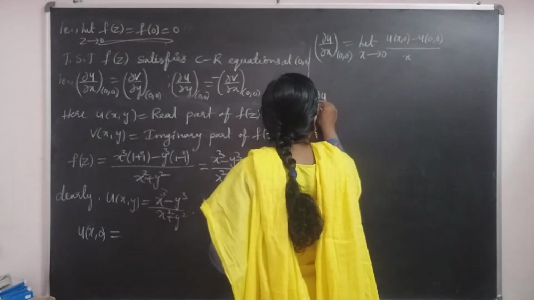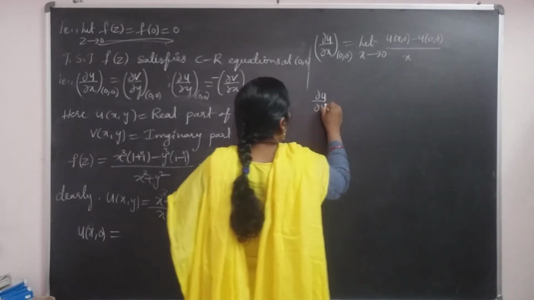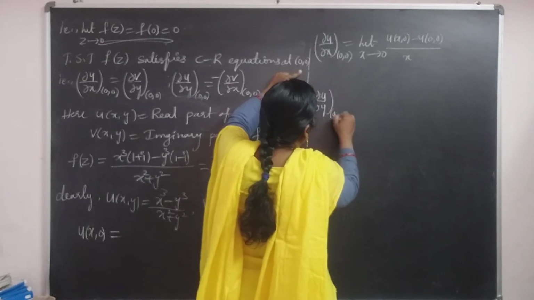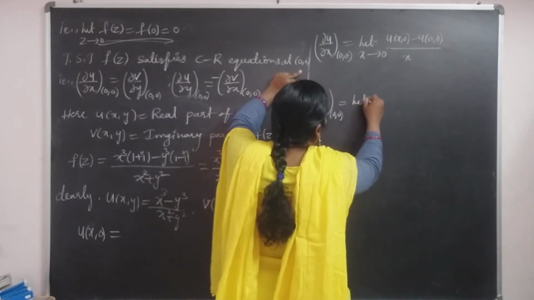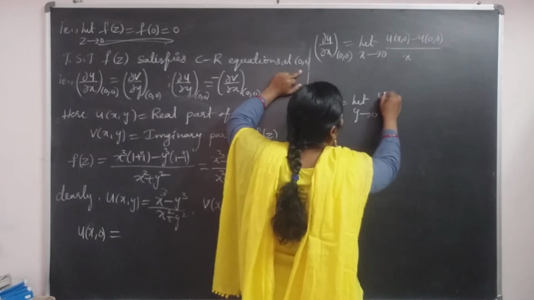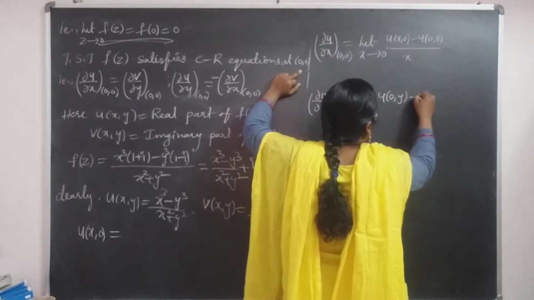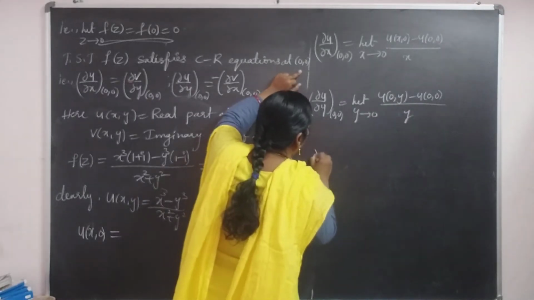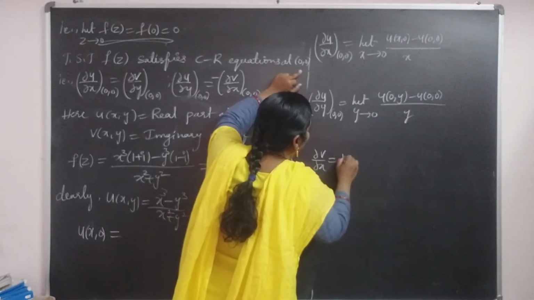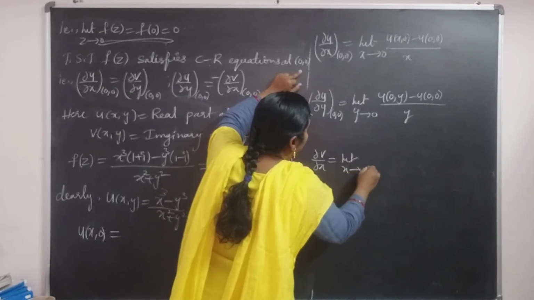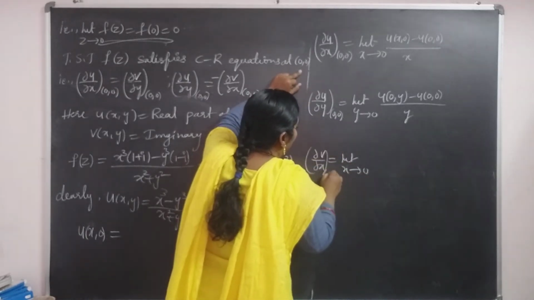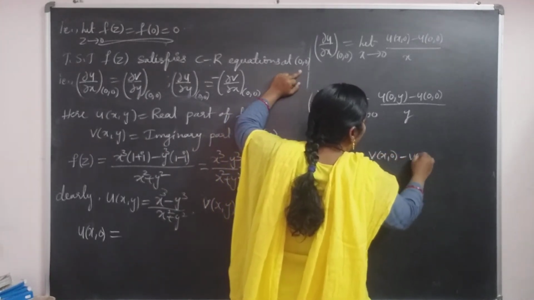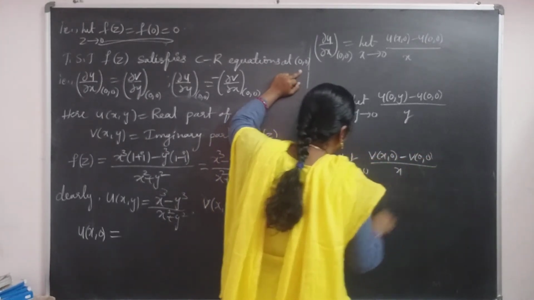Next, dou u by dou y at origin means limit y tends to 0, u of 0 comma y minus u of 0 comma 0 by y. Dou v by dou x at origin means limit x tends to 0, v of x comma 0 minus v of 0 comma 0 by x.